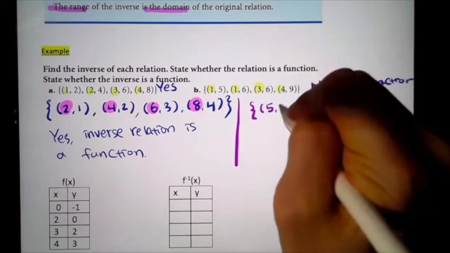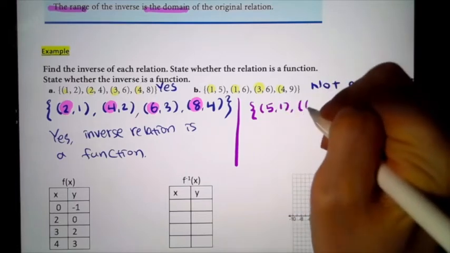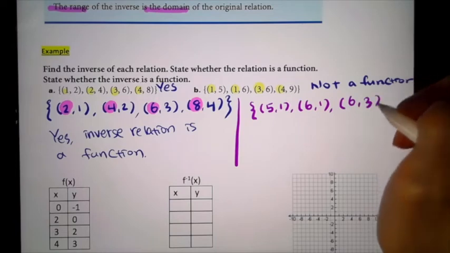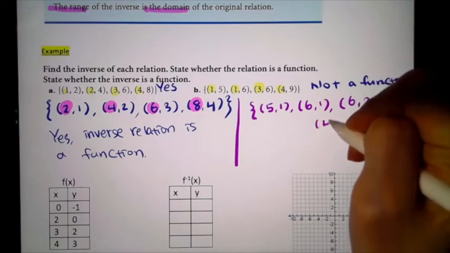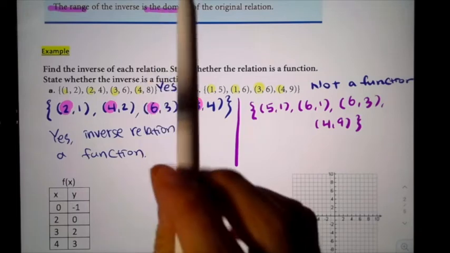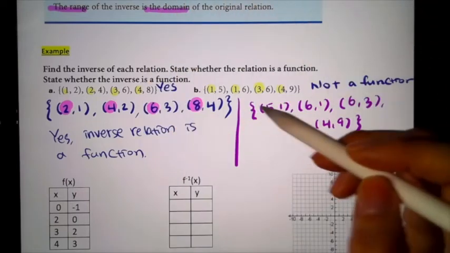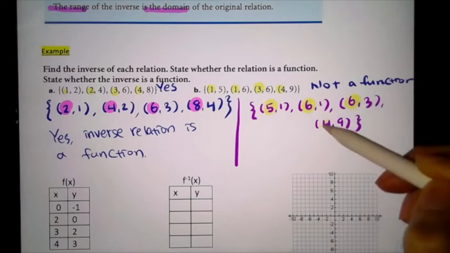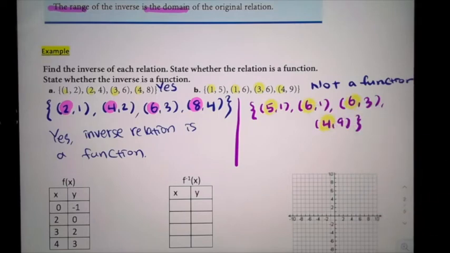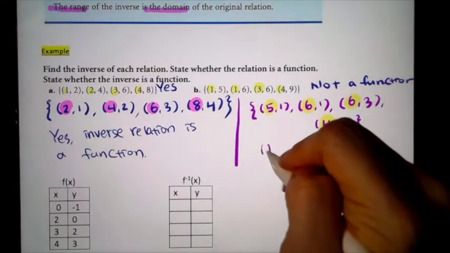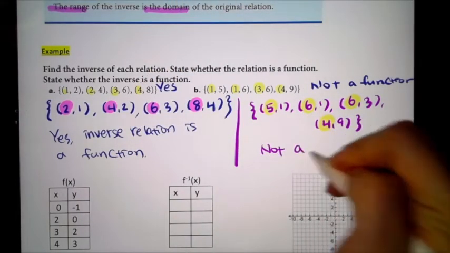So 5, 1, 6, 1, 6, 3, 4, 9. And then let's check whether that's a function or not. 5, 6, 6, 4. Is that a function or not? No, that's not a function.